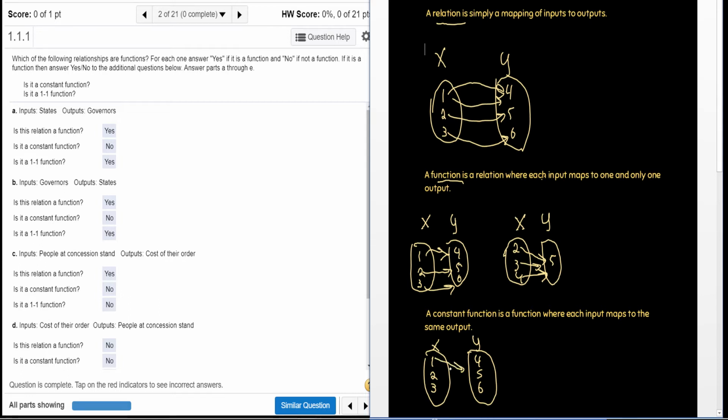So 1 could map to 5, 2 could map to 5, and 3 could map to 5. All of them are mapping to 5. A constant function is where each input maps to the same output.